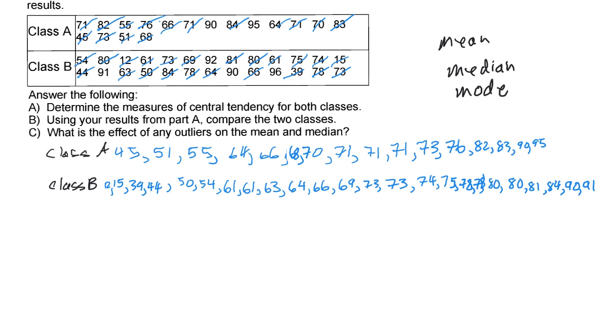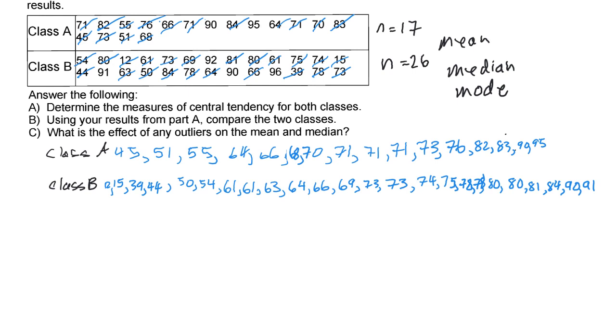Now, in order to calculate the mean and median, we need to know how many points are in the first set and how many points are in the second set. So for the first class, we have 17 kids. And for the second class, we have n equaling, how much is that? 26 kids.